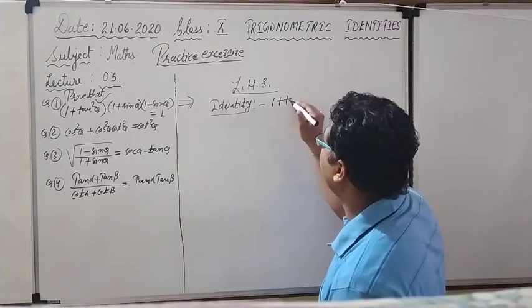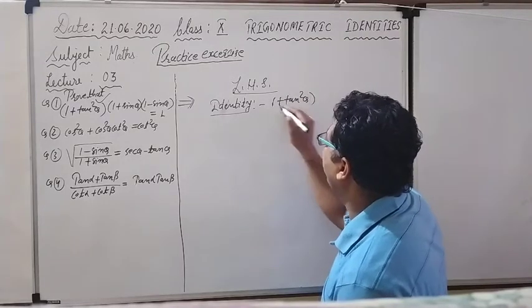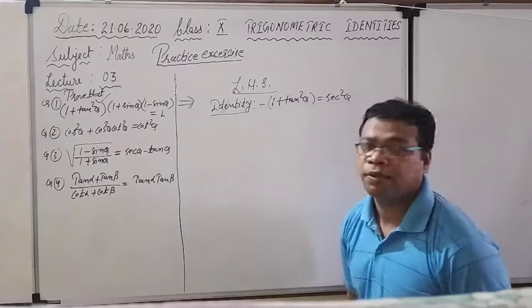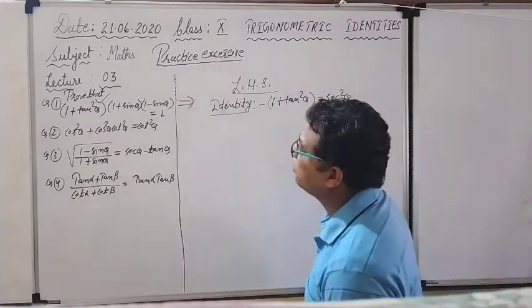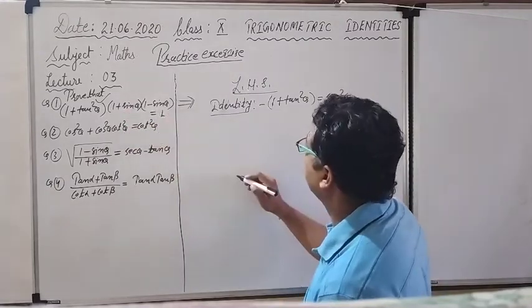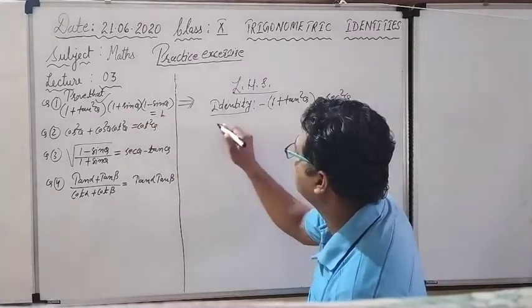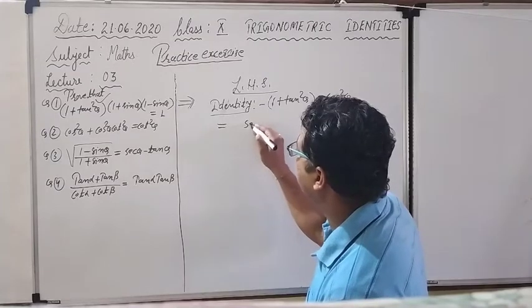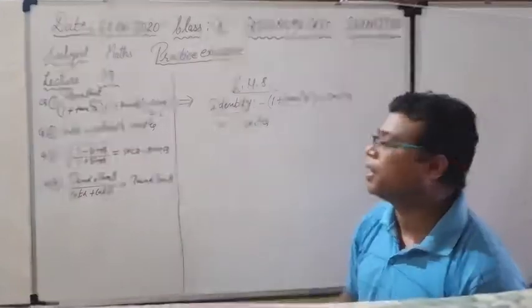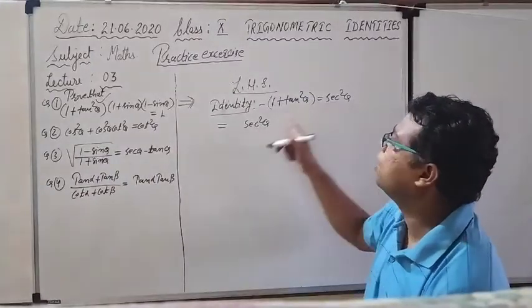We know that 1 plus tan square theta is equal to sec square theta. In place of 1 plus tan square theta, I can write sec square theta according to the identity.